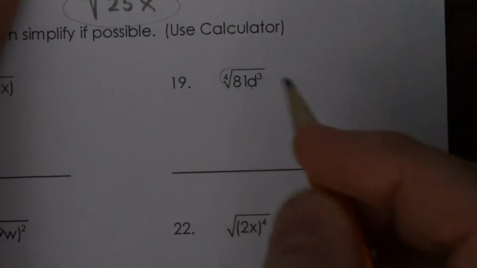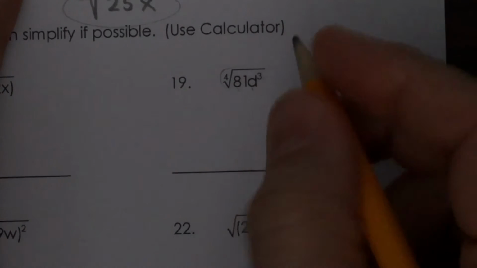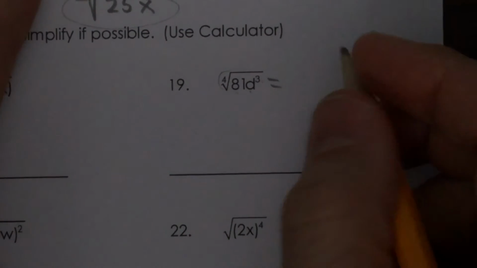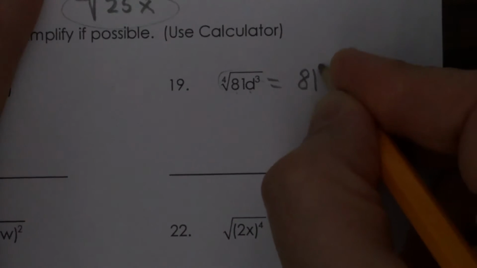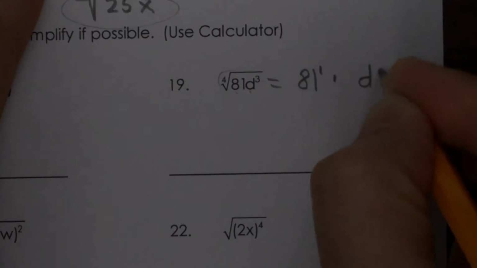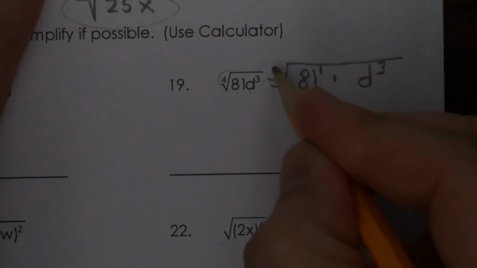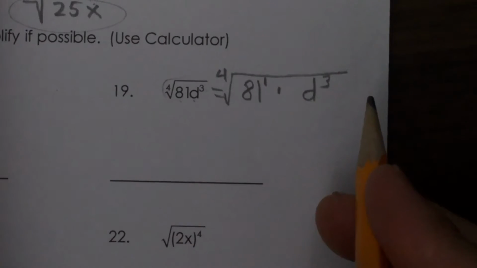What we're going to do is rewrite this as 2 different problems. I have 81 to the 1 power times d to the 3 power. And all this is inside my 4th root, okay?